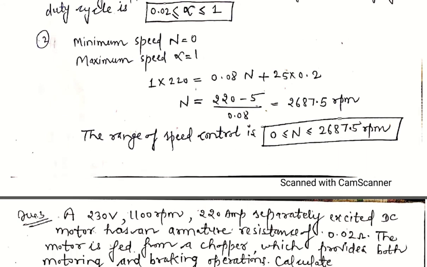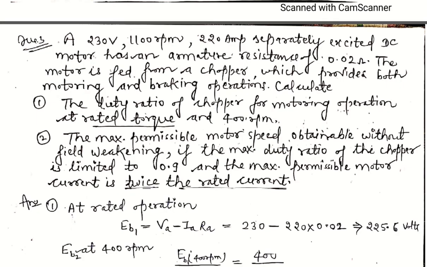Now we will see the third problem. A 230 volt, 1100 rpm, 220 ampere separately excited DC motor has an armature resistance of 0.02 ohm. The motor is fed from a chopper which provides both motoring and braking operations. Calculate the duty ratio of the chopper for motoring operation at rated torque and 400 rpm.